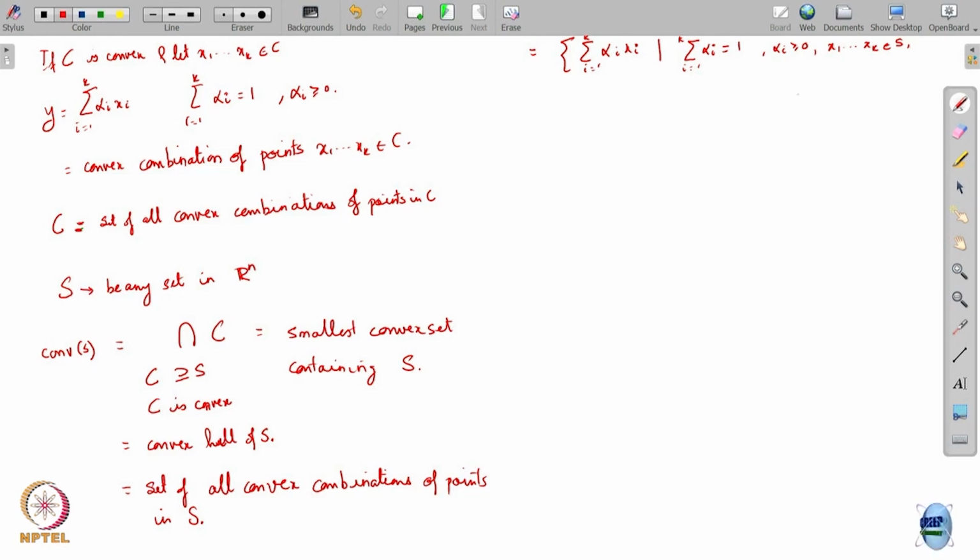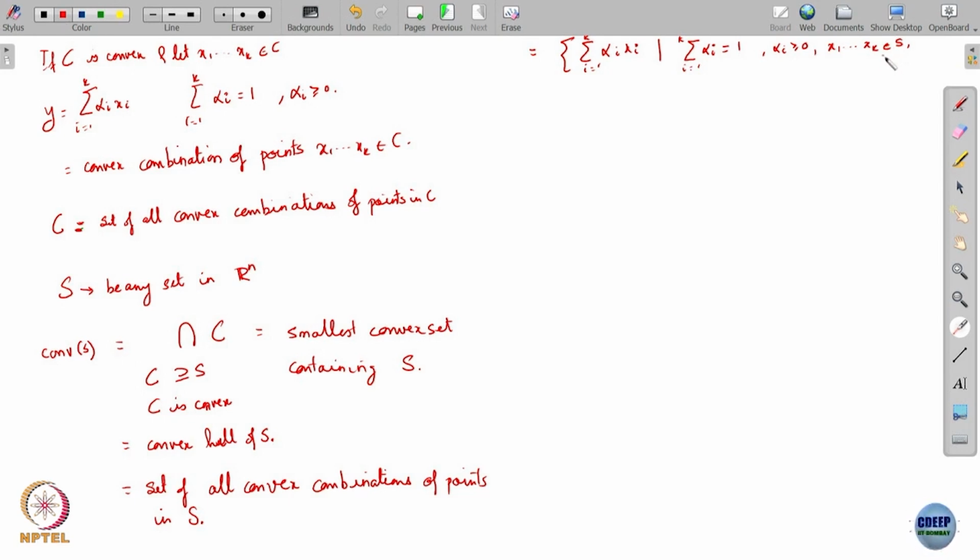If I remove this requirement that x_1 till x_k belong to S, then I will be looking at all convex combinations of specific k points x_1 till x_k, right. But that is not what we are looking for. We want all possible convex combinations of any number of any points. So, I need to allow for x_1 to x_k to also vary, but is that all?